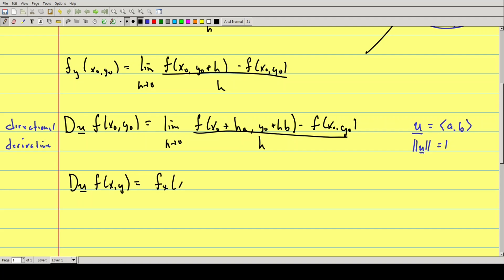And that, thankfully, is that this is true. If we take the partial derivatives with respect to our canonical directions, x and y, we can get the value of the directional derivative by multiplying f partial x by a and f partial y by b. Does anyone have any guess as to why this is true?